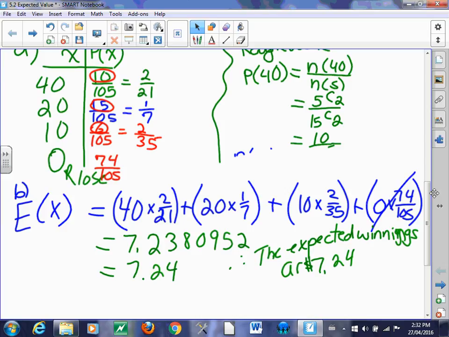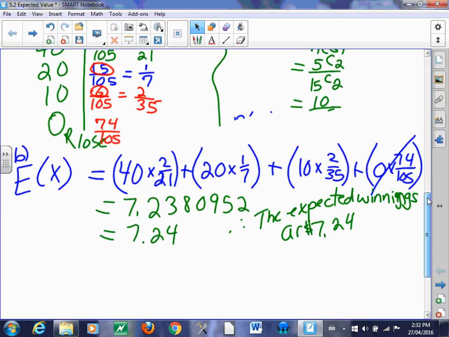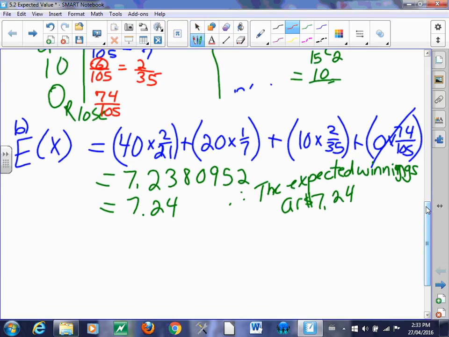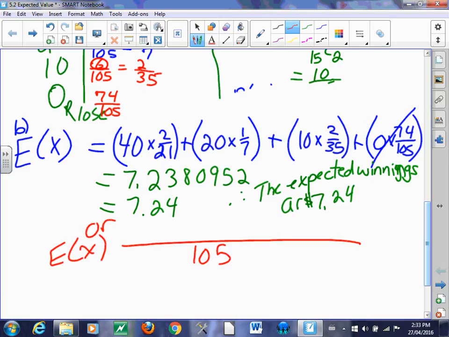Okay, another way you could do this, folks, is if you kept everything all in 105s. This might be easier for plugging the calculator. Okay, if I had everything as 105, then I would say 40 times 10, and then plus 20 times 15.